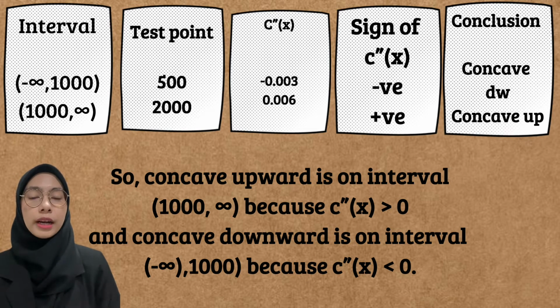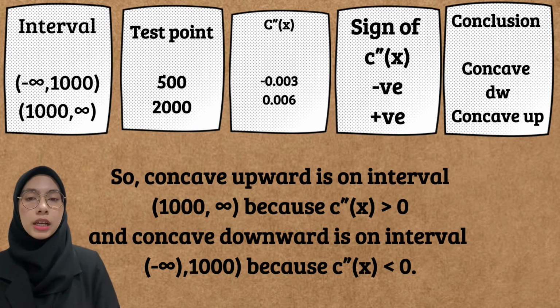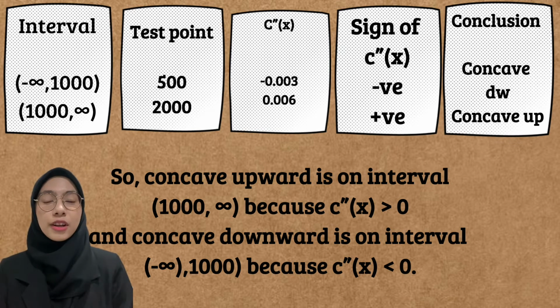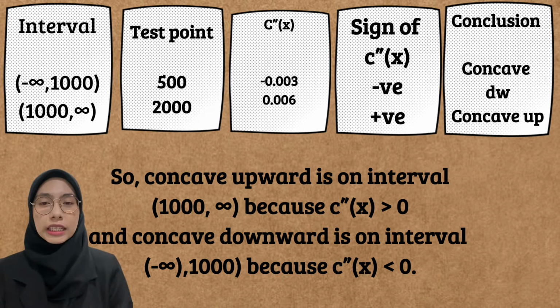After inserting the number, the result is 0.006, so the sign is positive. That means it is concave upward. Answer: concave upward on interval 1000 to infinity because the function is more than 0, and concave downward on interval negative infinity to 1000 because the function is less than 0.